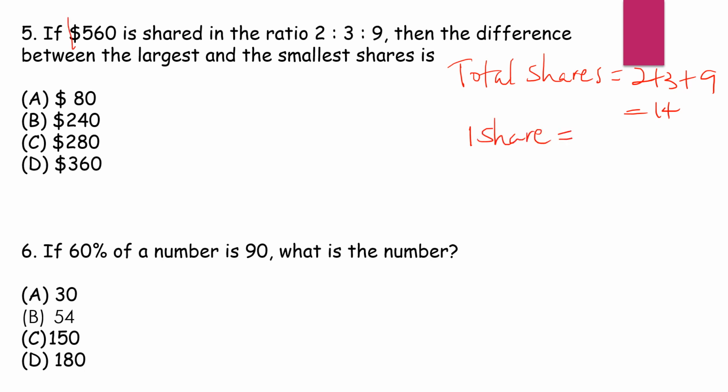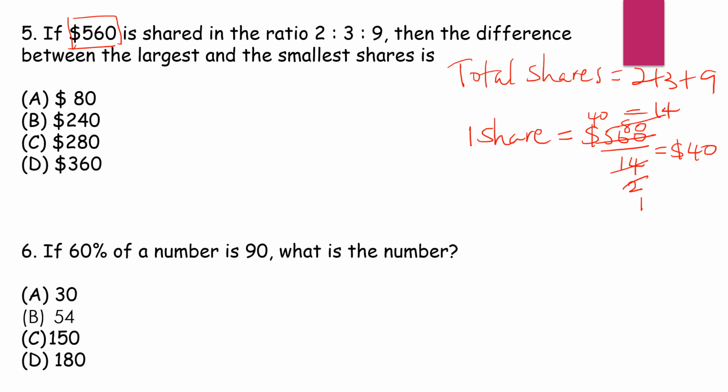So it is total amount of money being shared, $560, divided by 14. So we can divide by 7. Because 7 into 14 is 2. 7 into 56 is 8, 0. 2 into 2 is 1. 2 into 80 is 40. So we're going to get $40.